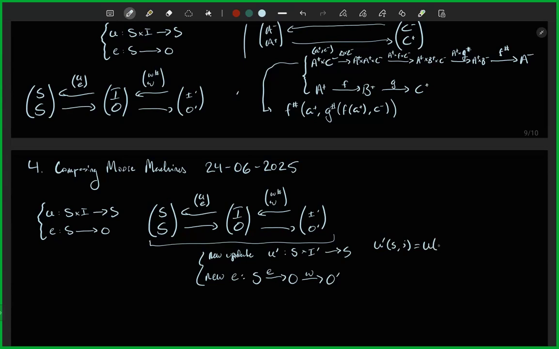So it's an update of S. And then what is the second component? It's the W sharp here, as I've written it, of the F of A plus. What is that? Well, here the F is the E. So that's E of S. And then we take the I prime over here. So that's our new update.